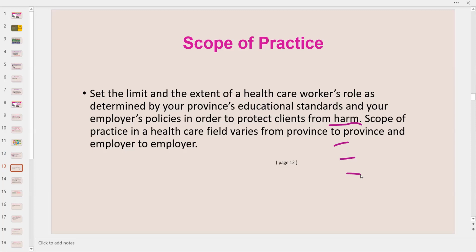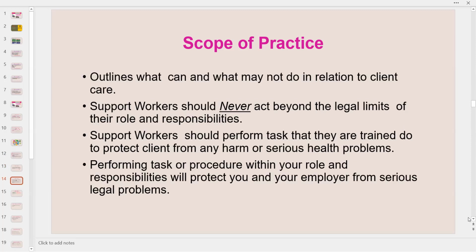The scope of practice in the healthcare field varies from province to province as well, and also from employer to employer. The scope of practice outlines what a support worker can and may not do in relation to client's care. The support worker should never act beyond the legal limits of their role and responsibilities.